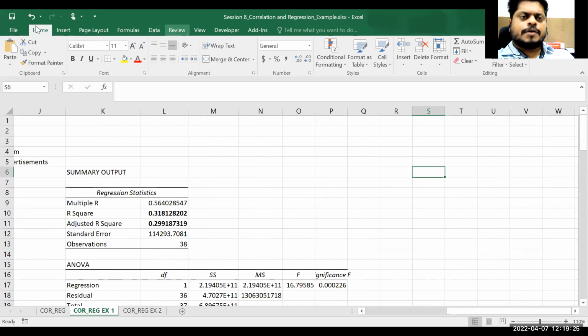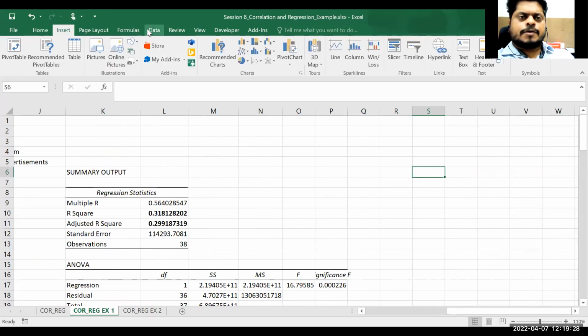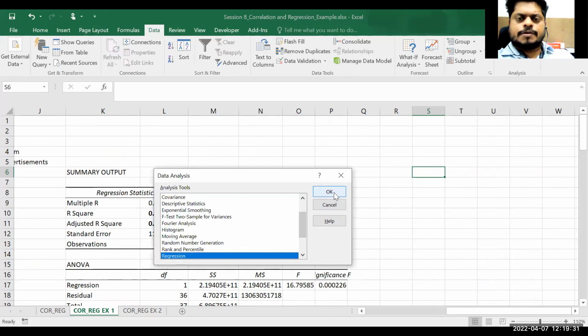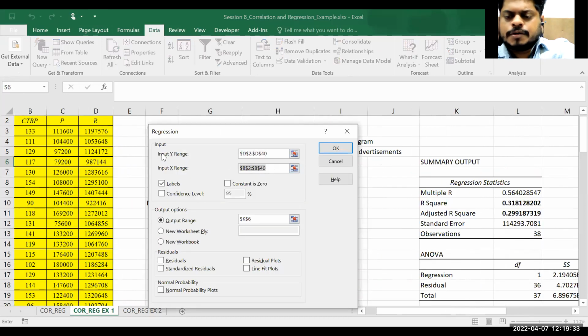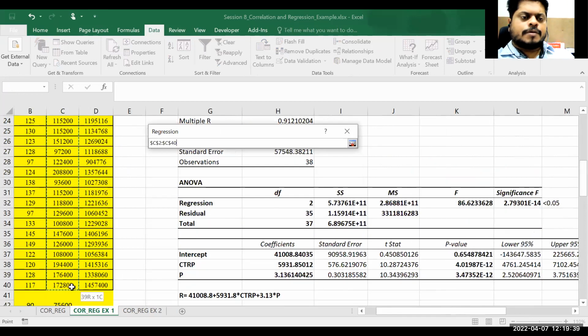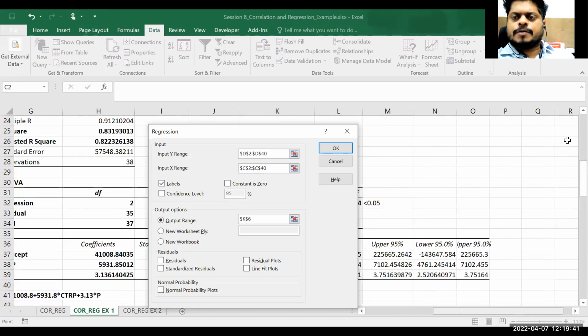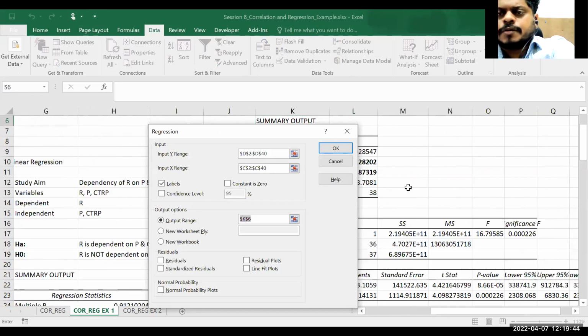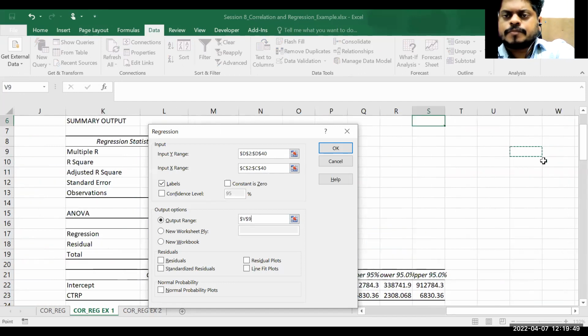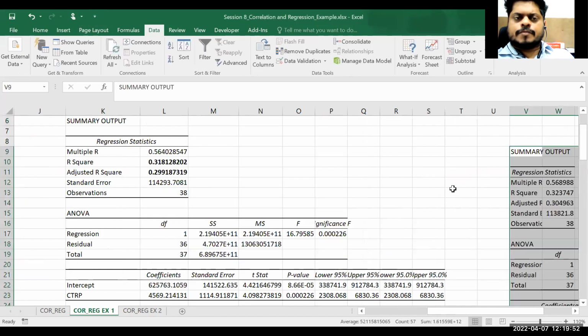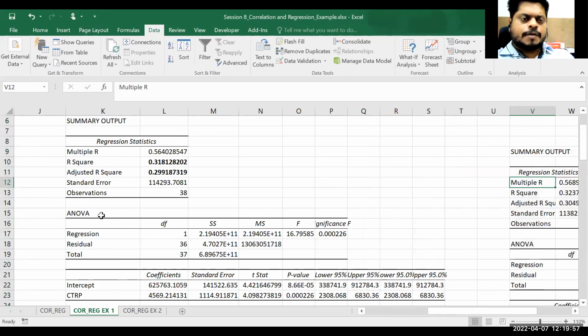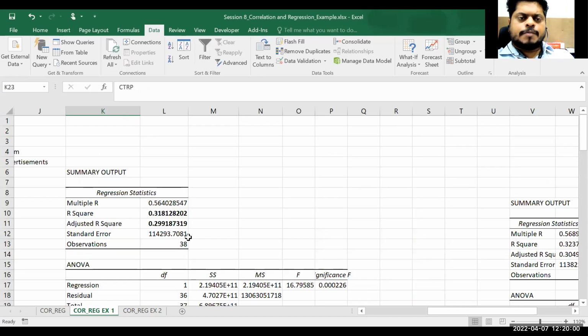Then I take another variable, insert data analysis, regression, and build with P. So if I build a model only using CTRP, my R square is 0.31 and adjusted R square is 0.29.